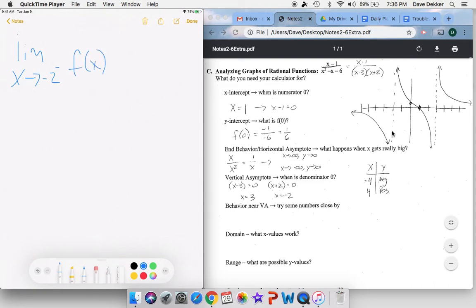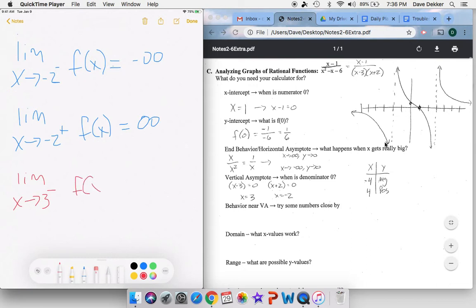So from the left side, what's happening as we get close to -2 on the left side? Well, it's going down, so that's going to be negative infinity. But if we were to do it on the other side, so as x approaches -2, but now with a plus symbol there, that's from the positive side, it's doing the opposite, it's going up to infinity. We do the same thing at +3, so I'll do that in a different color. So the limit as we approach 3, we'll start from the negative side.